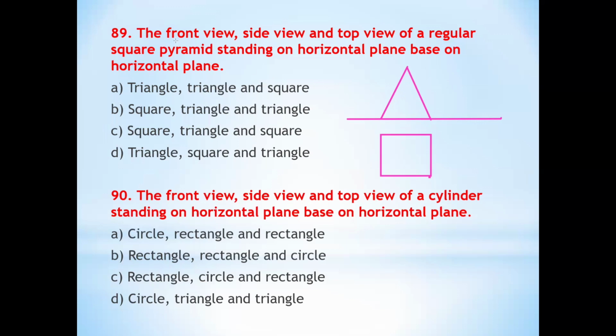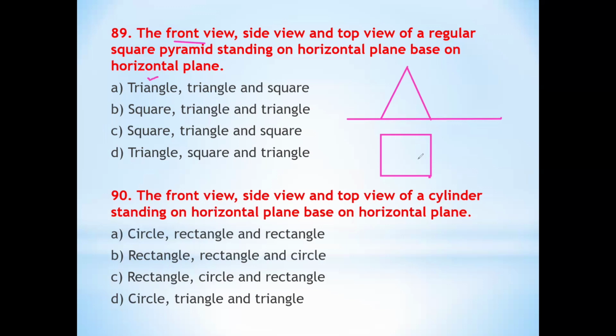Okay, so let us check out the options now. First of all, what they have asked for is the front view. So how will its front view be? First option we'll check: triangle, triangle, and square. The front view is a triangle, yes, it's correct. Then the side view.